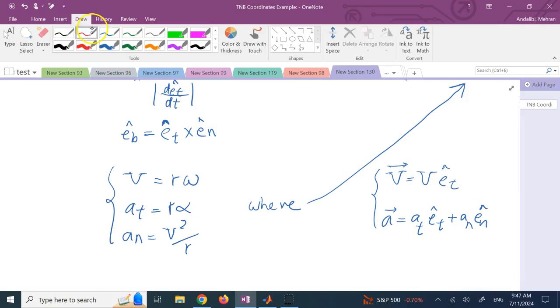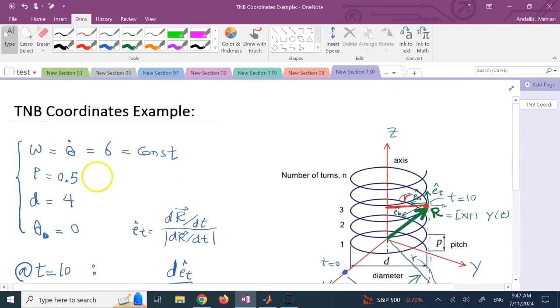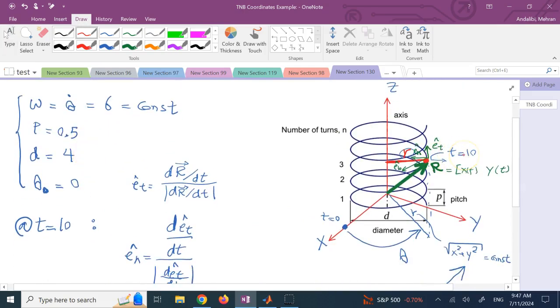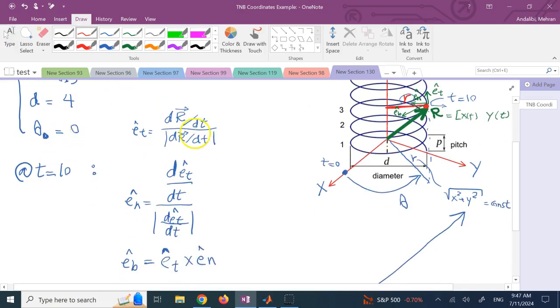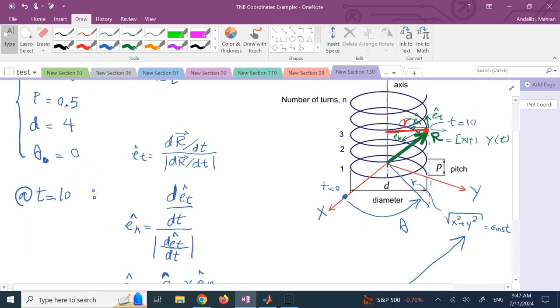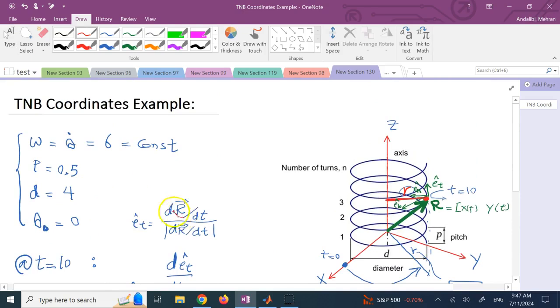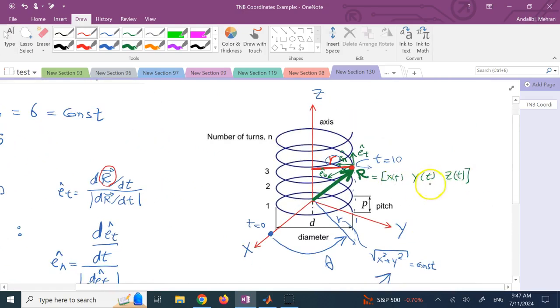Now in this case, since omega is constant, alpha is going to be 0, so this term is 0. But v, the speed, and an, the centripetal acceleration, are not constant. We have to find them at any time point. Okay, so this is all we need to do. We have to use these formulas. But the important thing is, what is this r vector? As we said, it's x, y, and z.